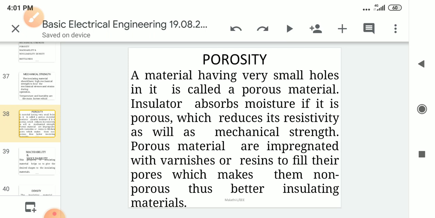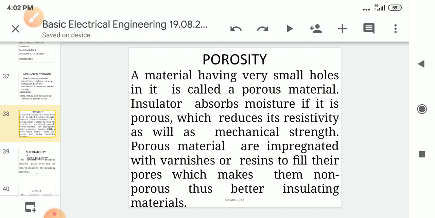What is meant by porosity? Porosity means every material has small holes in it. It is called a porous material. Insulating material absorbs moisture if it has small holes. To reduce this property, we have to apply some coatings or paints on the top layer of that material. Then the holes will be filled with these varnishes.